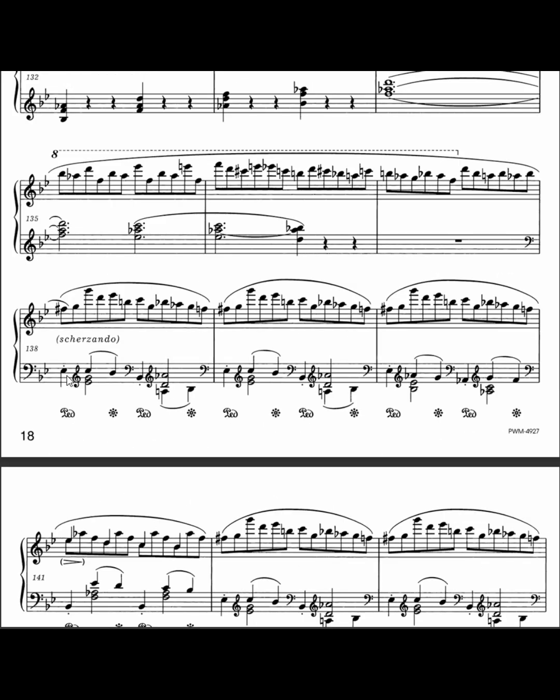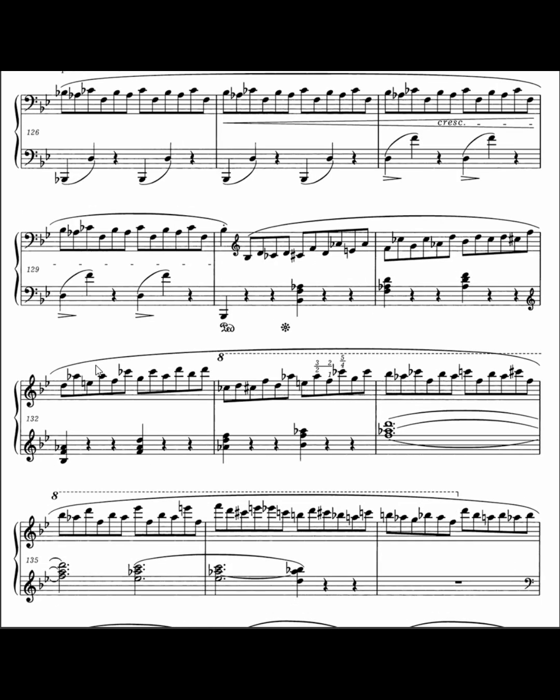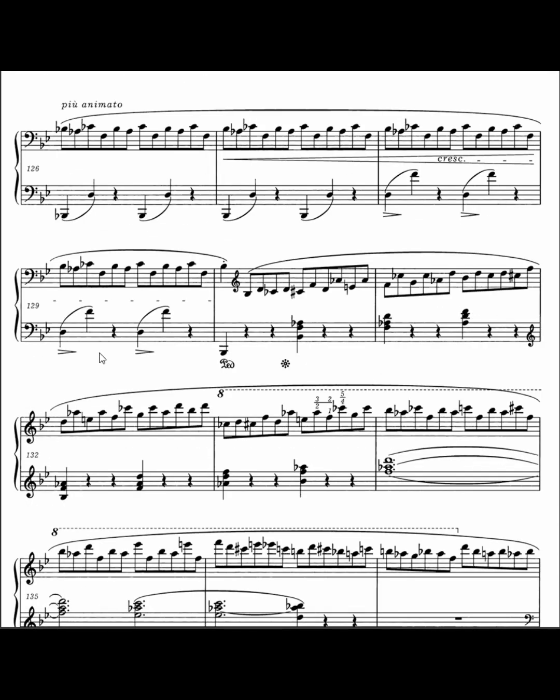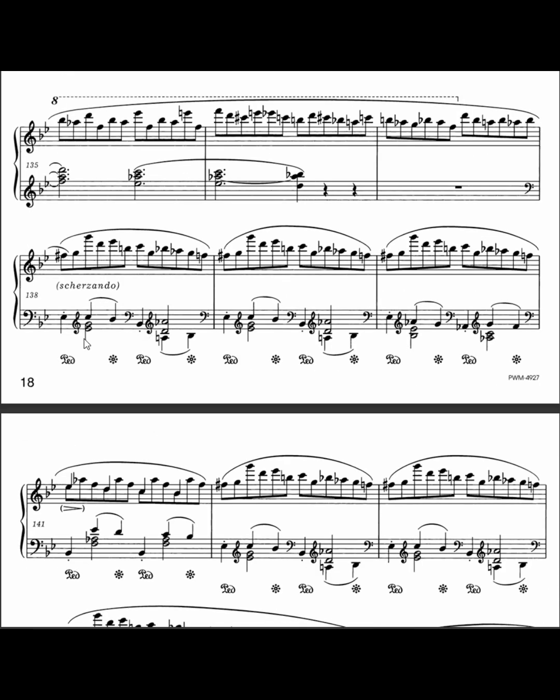As you can see, we have the following formula. Left hand, then this cell, this figuration, which is not made up but comes from here. It only has the second voice harmonization, because otherwise it would be really poor for the harmonic expression. So this needs to be included.